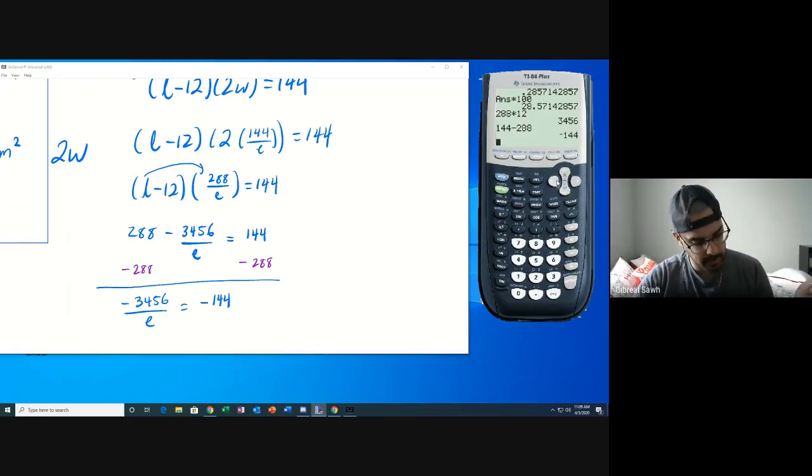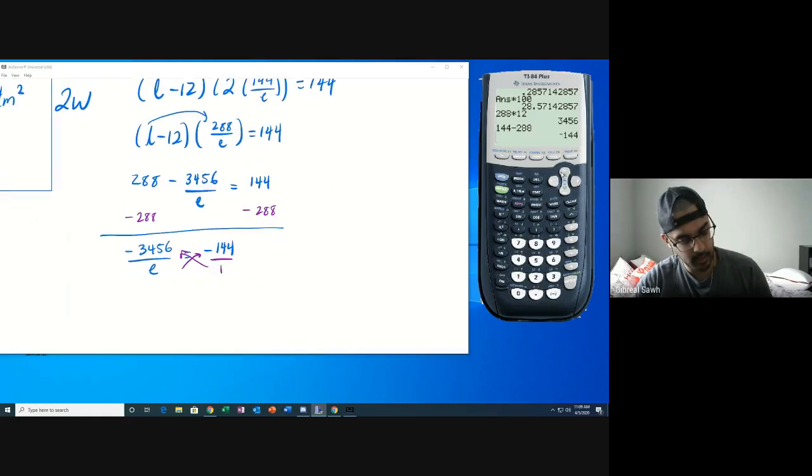Okay, now this is going to be another one of those cross-multiply scenarios. So we'll do a cross. That means negative 3,456 is equal to negative 144 times the length.